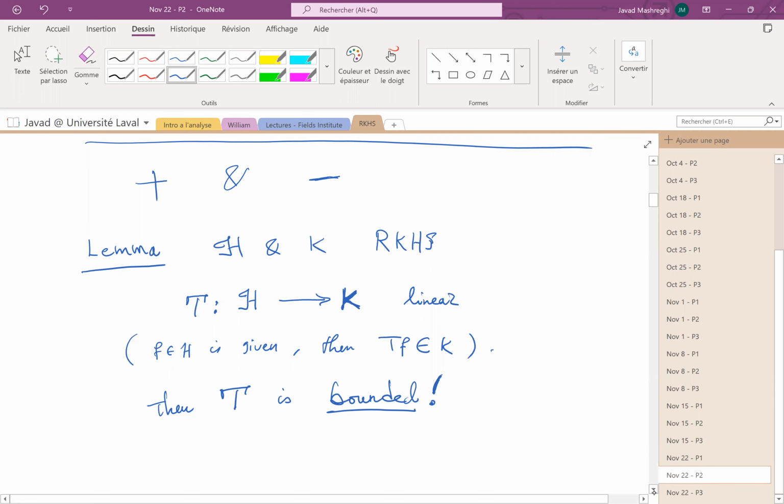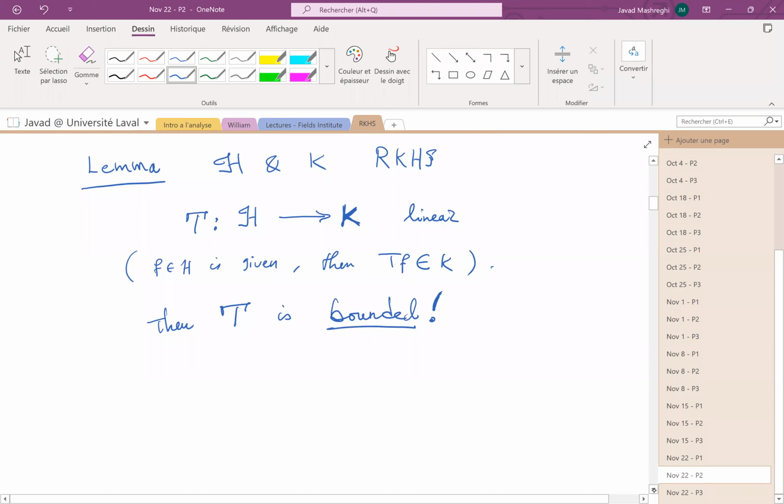It comes automatically. And the proof is based on the closed graph theorem. It's a powerful tool from functional analysis.